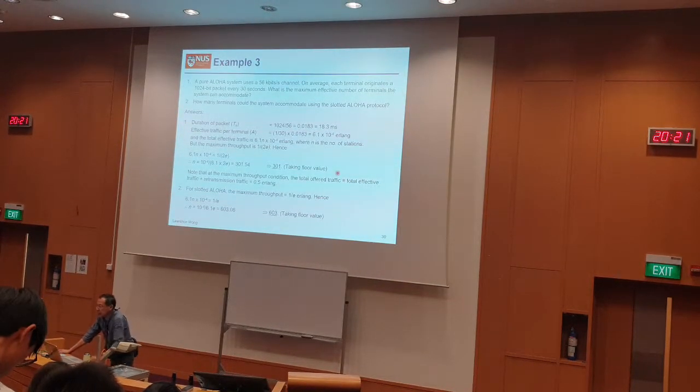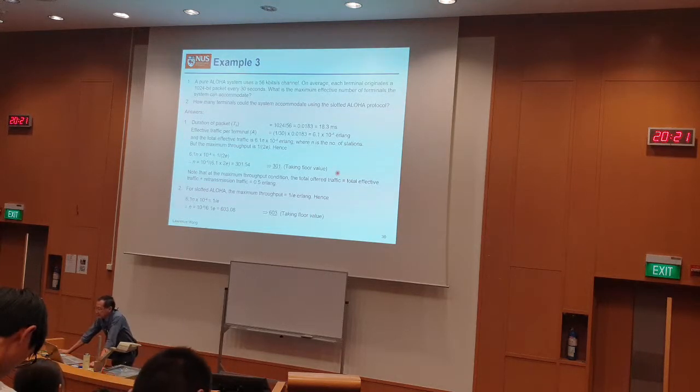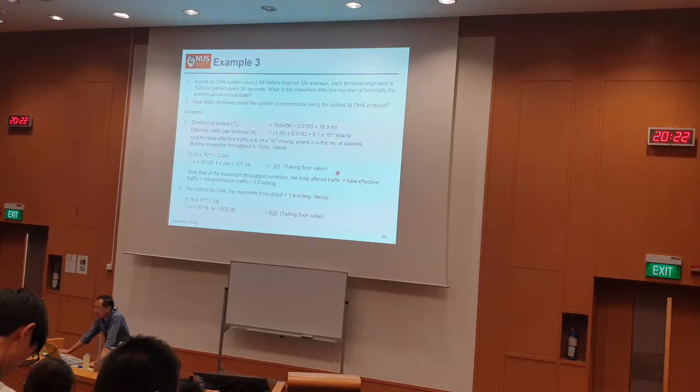So that means you got 1 packet every 30 seconds. So what is lambda? 1 over 30. Arrival rate, 1 over 30. What is the maximum effective number of terminals the system can accommodate? That's part 1. Part 2 is how many terminals can the system accommodate using slotted aloha?